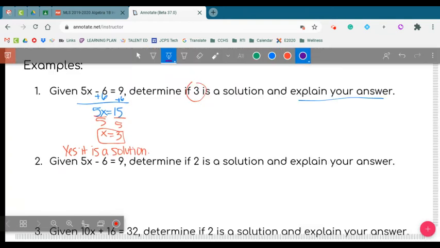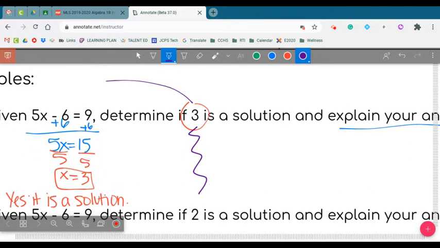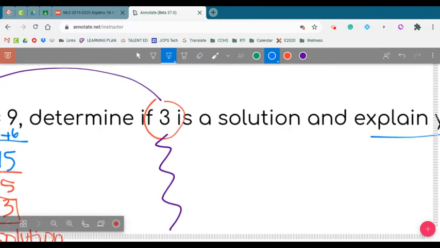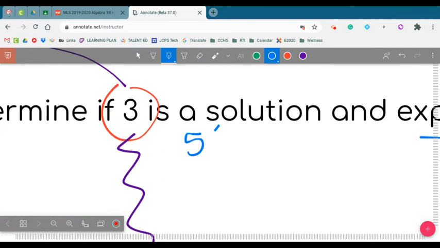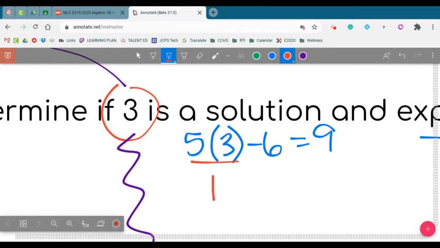Okay, the other way to do it is to plug in 3 for x. So I'm going to have 5 times 3 minus 6 equals 9. So I'm going to simplify this complete left side. So I'm going to do 5 times 3, which is 15, minus 6.